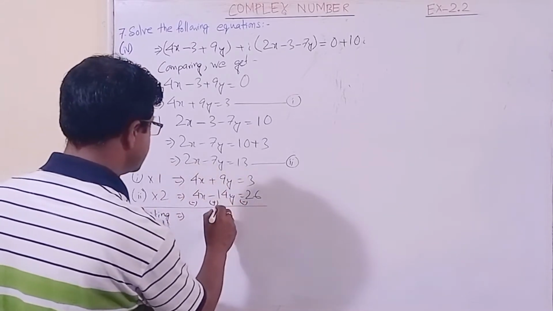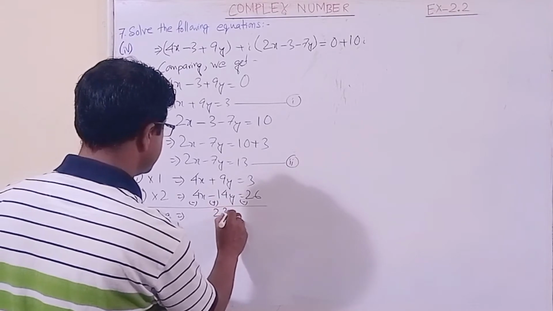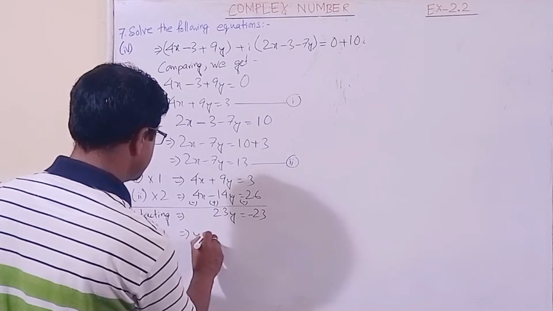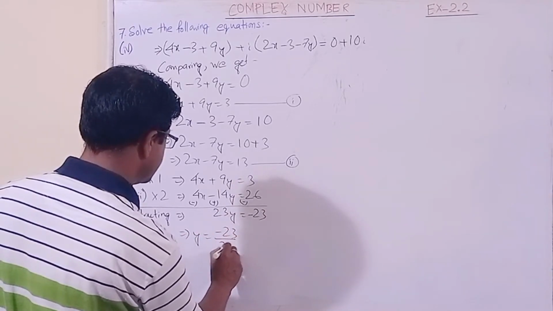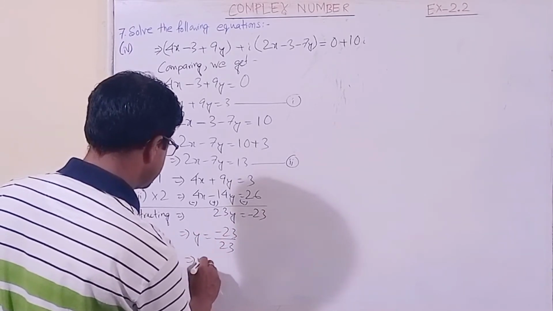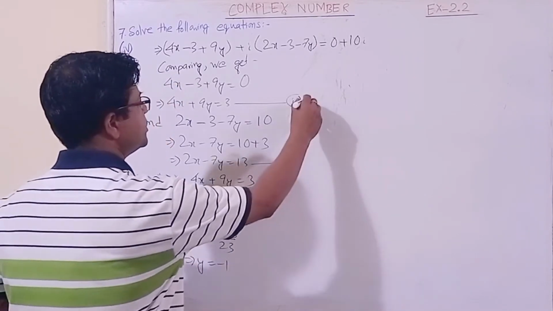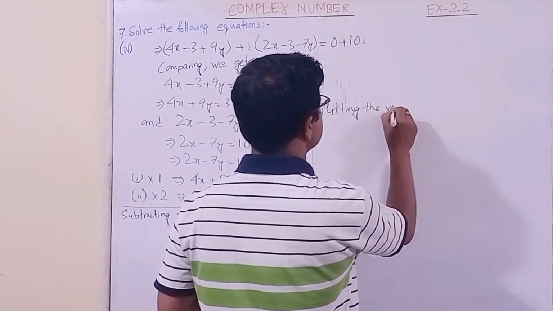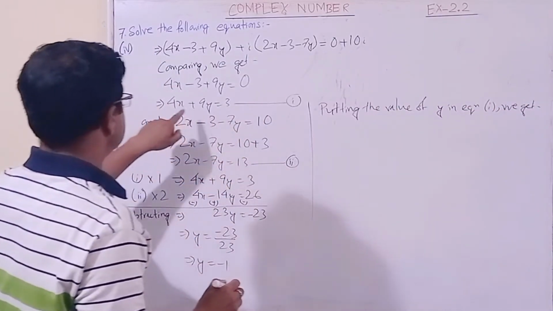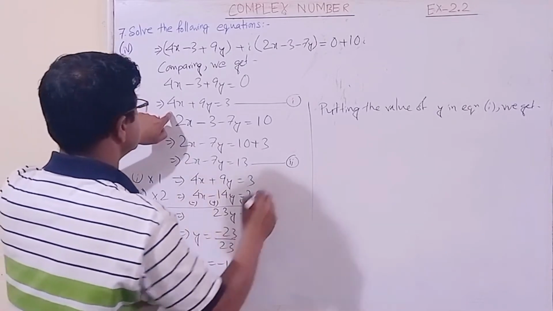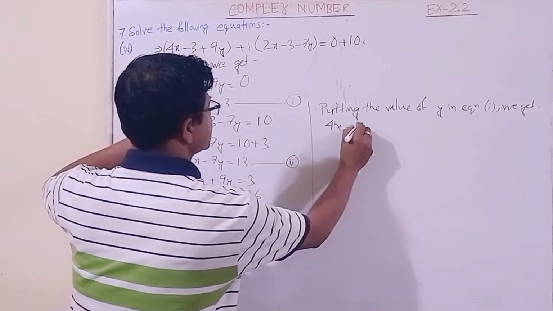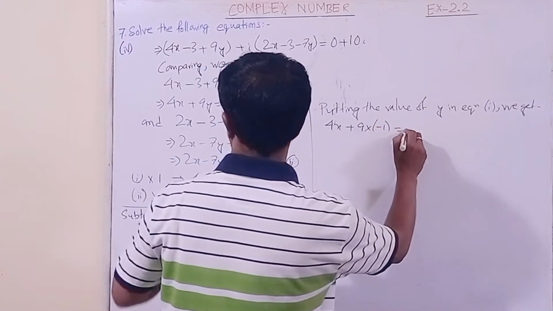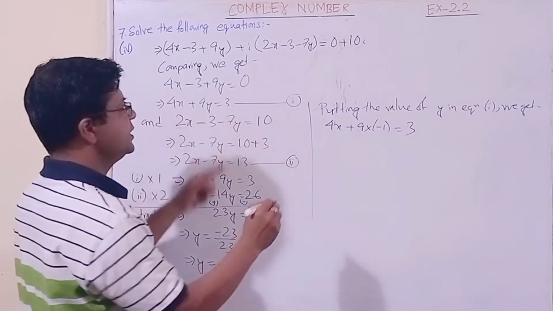4x cancels. This is 14 plus 9, 23y, which equals minus 23, so y is obviously minus 23 divided by 23, y is equal to minus 1. Now let us put the value of y in any of these two equations. Let us put the value of y here in equation 1: 4x plus 9 into y, which is minus 1, is equal to 3.